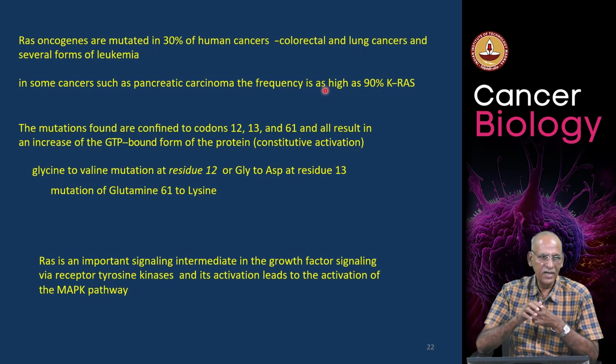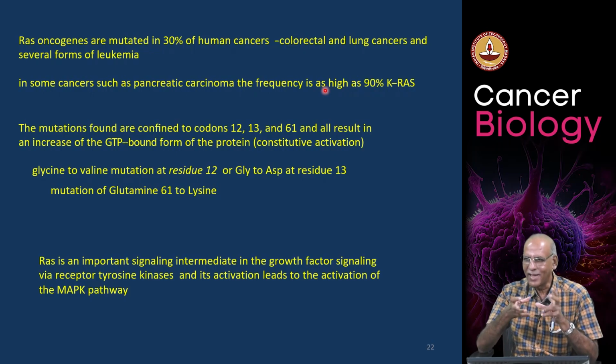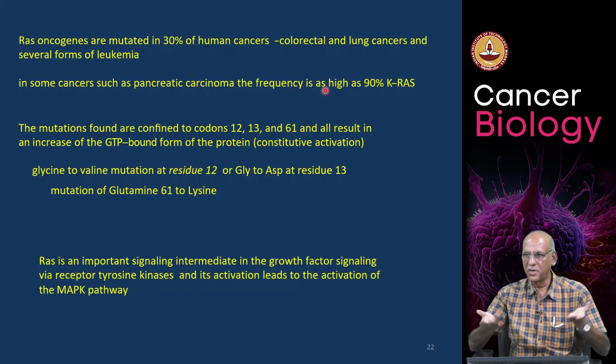Because we do not know what activated it, in such cases we generally call that constitutive activation. Constitutive activation means spontaneous activation. We are not able to characterize the exact activators, it happens spontaneously.